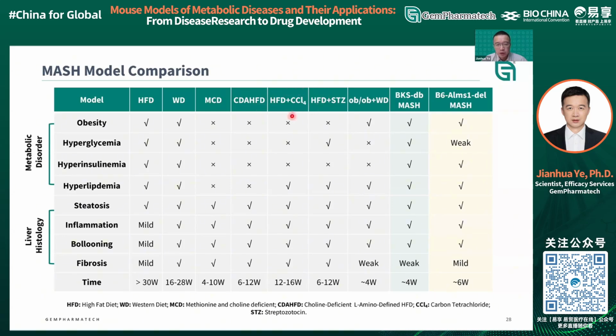We also have the overnutrition plus chemical injury model, the HFD plus carbon tetrachloride, and the HFD plus STZ injury. We also have the ob/ob plus Western diet model, and especially we also have a monogenetic model, including the db/db mice and the ALMS1 knockout MASH model. And today I will focus on the ALMS1 knockout MASH model.